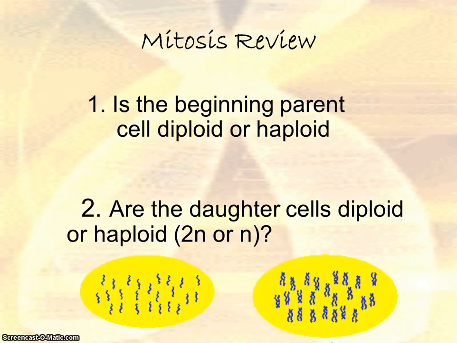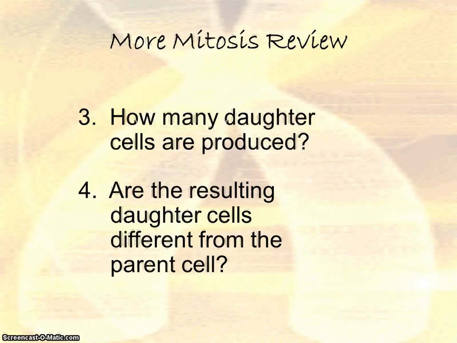Well, it's going to be diploid because it's containing a full set of the DNA. Question 2, the two daughter cells that form, are they going to be diploid or haploid? Well, same thing. You should have complete sets of DNA in your nuclei.